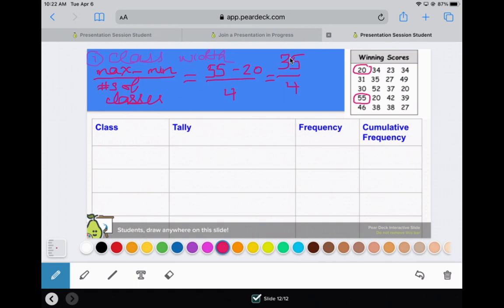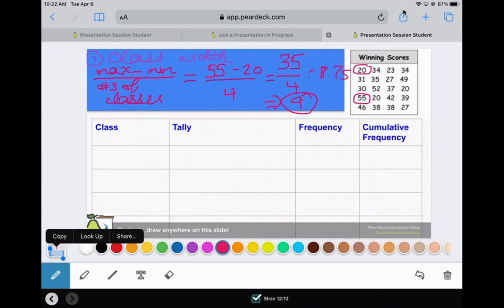So 35 divided by 4. This will give me 8.75. Okay, so I would round that to 9.